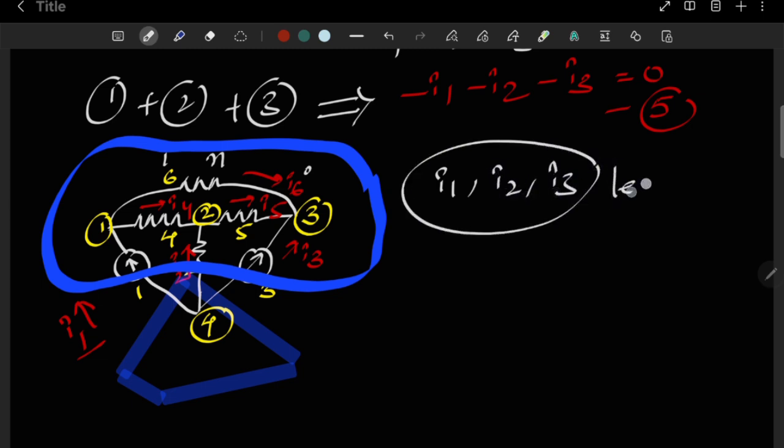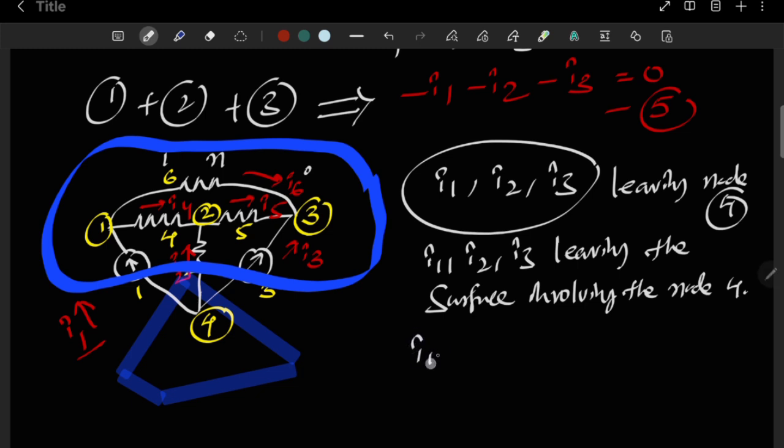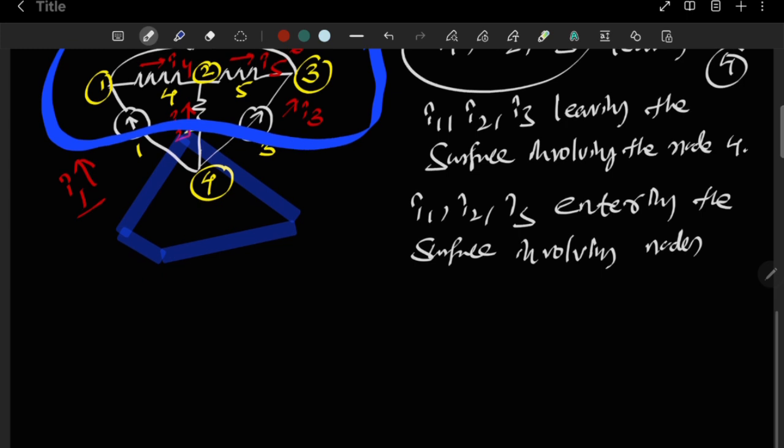Put differently, I1, I2, I3 are the 3 currents leaving the surface involving node 4, and the same I1, I2, I3 are entering the other surface containing nodes 1, 2, 3.